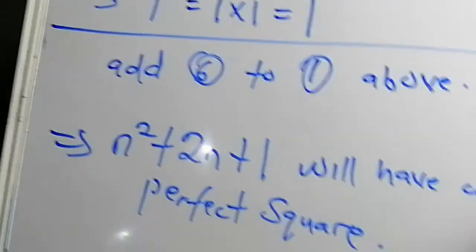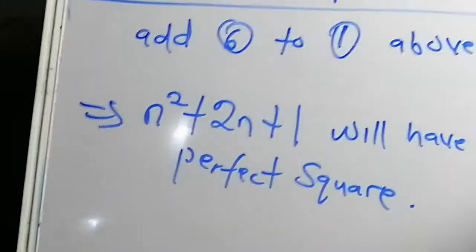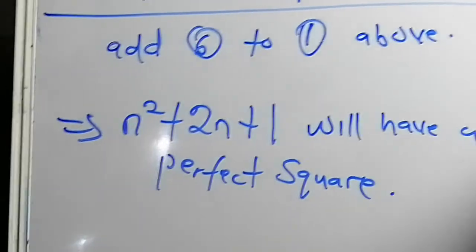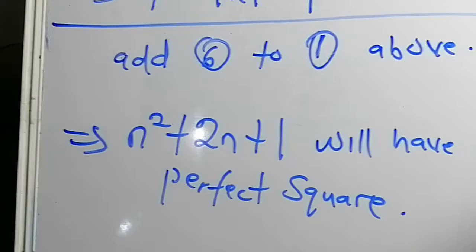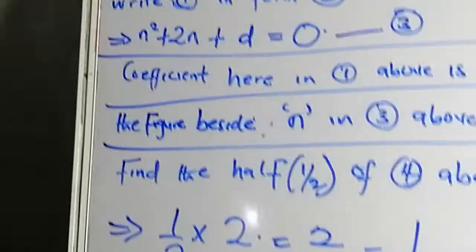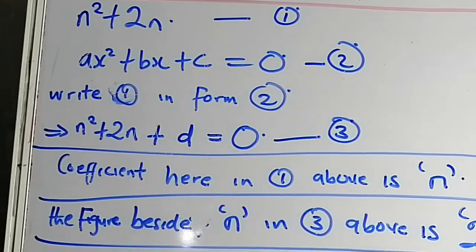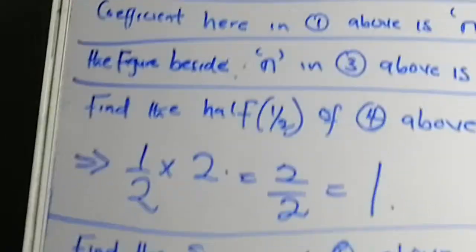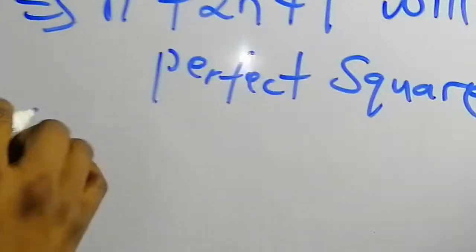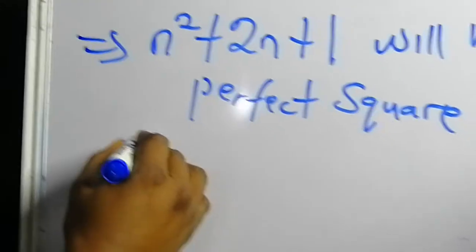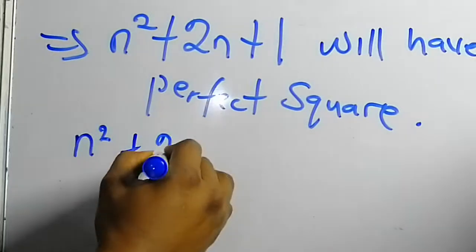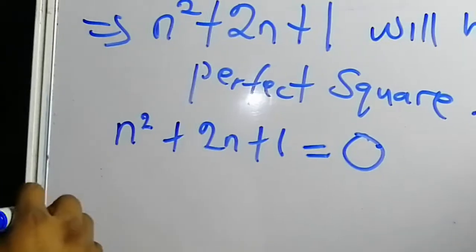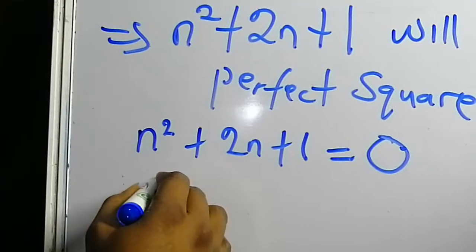Okay, if you want to know whether what we're saying is true or not, all you need to do is make reference to 3, to be sure that what we're doing is correct. So n squared plus 2n plus 1 equals 0.